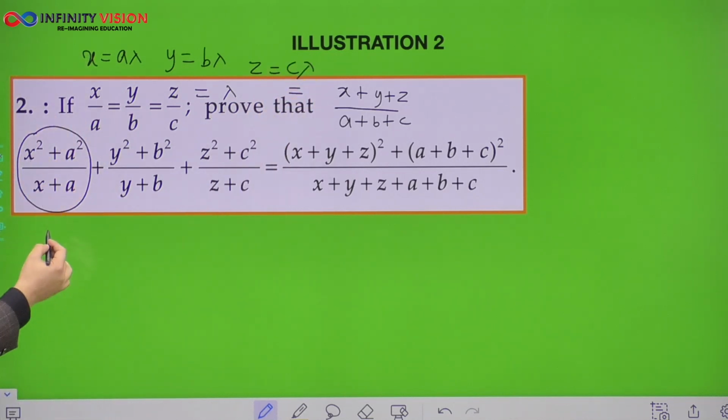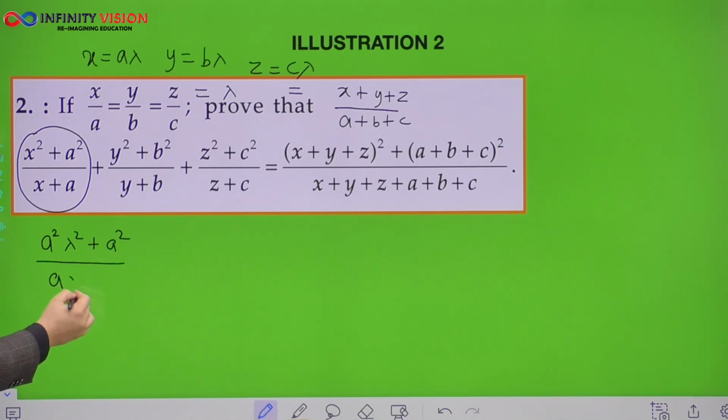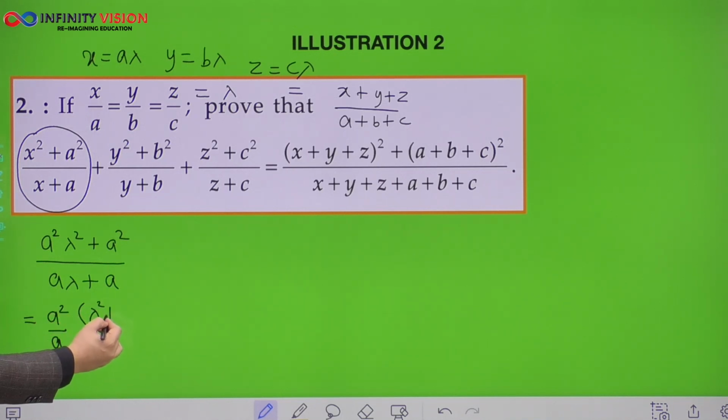So my first fraction would become a square lambda square plus a square upon a lambda plus a, which I can say a square is common, upon a lambda square plus 1 upon lambda plus 1.